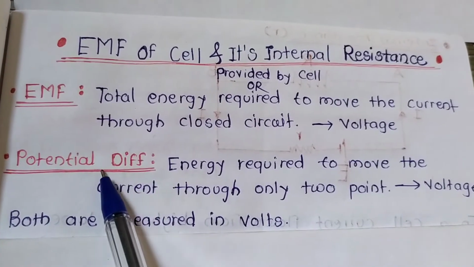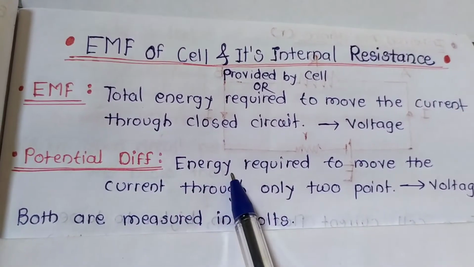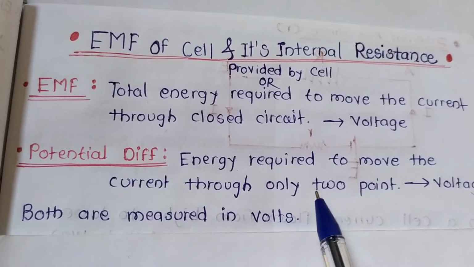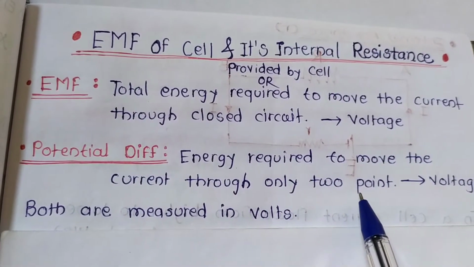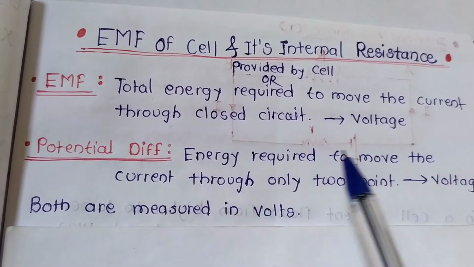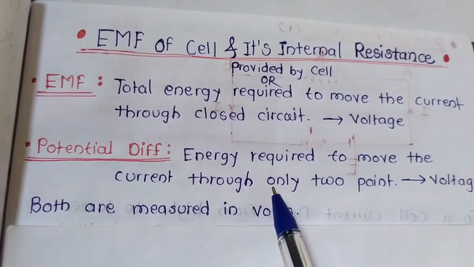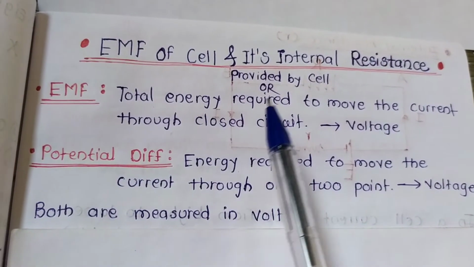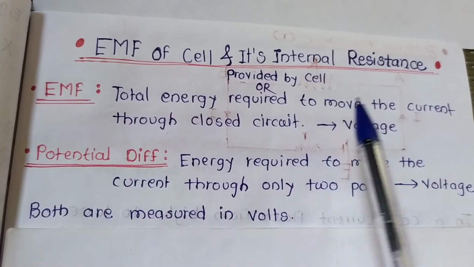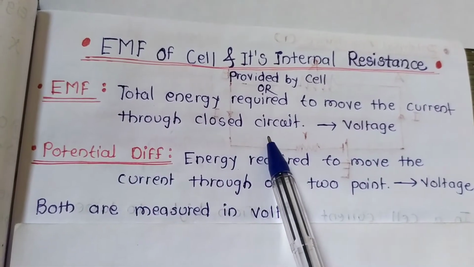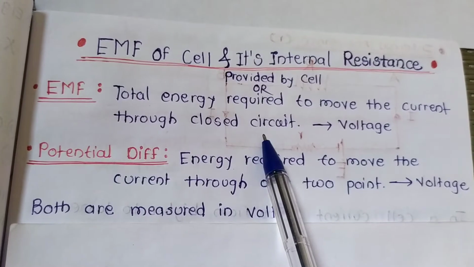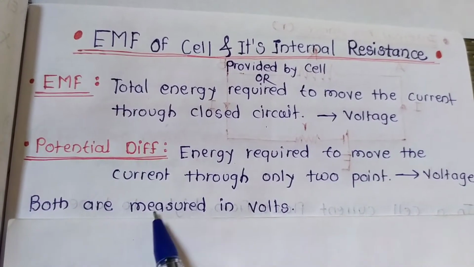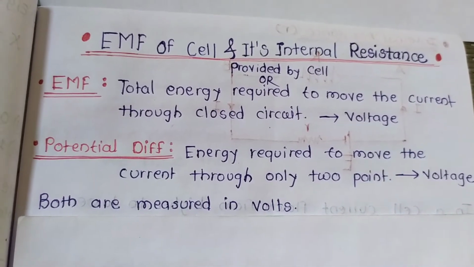Whereas potential difference is the energy required to move the current through only 2 points. And EMF is the energy required to move the current through a closed circuit. Both are measured in volt.